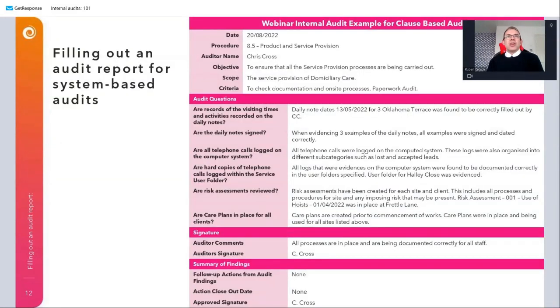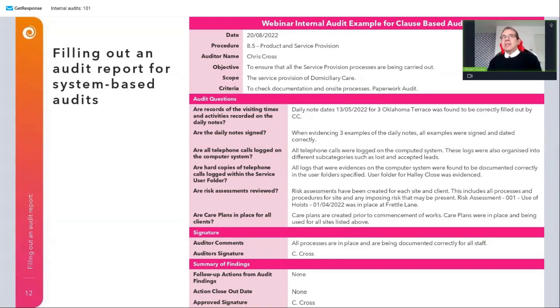So effectively, we've generated some questions based on our process, and we're now in a position to check it. In this example, we've assessed what the organization should be doing, and when we've looked at, for example, the notes on a system, we've been able to find some evidence, and the evidence that we found has been recorded in the right-hand column.